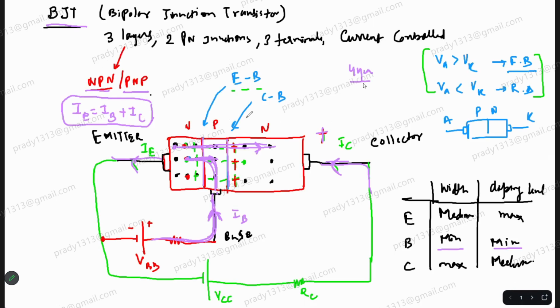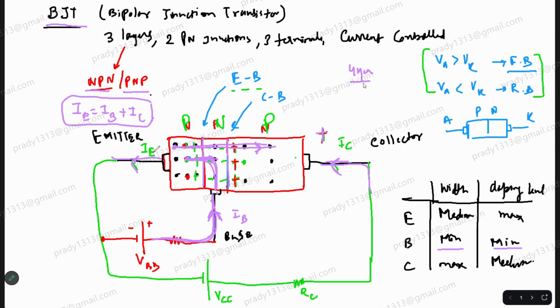So this is NPN. Will you be able to understand PNP on your own, or should I explain? PNP. What will happen? What will be the charge carrier in the emitter? Holes. Holes will be moving from emitter to collector.